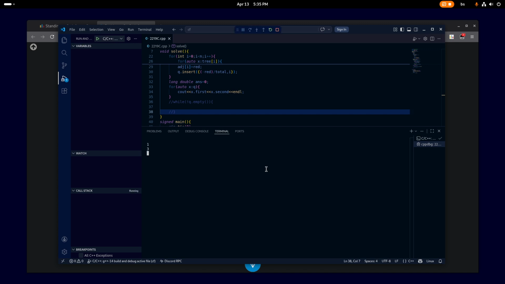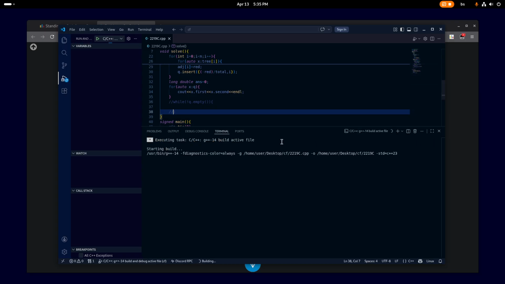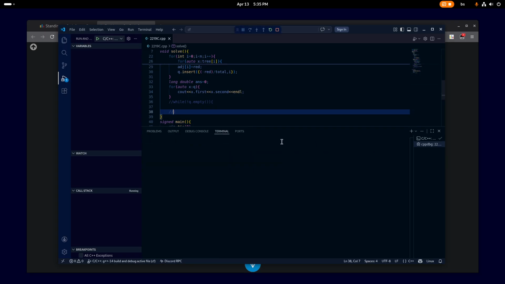But minus, actually this is probably a bad example because it has only one element. So probably something like this.